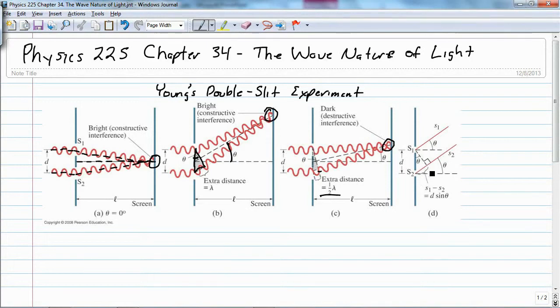So it really depends on this distance, what we call S1 minus S2, as to whether I have wavelengths or half wavelengths. And this distance is just equal to the sine of the angle theta times the distance between the two slits. So we can sum this up for constructive interference.